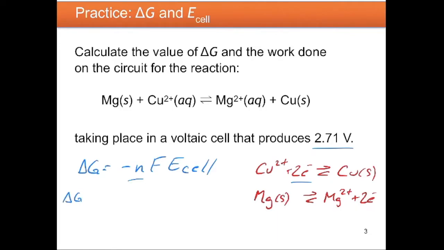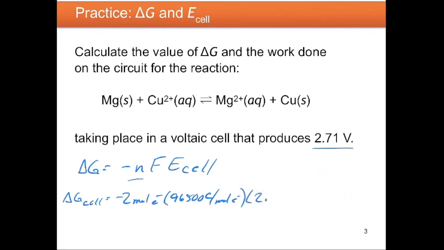Delta G of the cell is going to be minus 2 moles of electrons times 96,500 coulombs per mole of electrons times 2.71 volts. And if you look on your worksheet, you will notice that a volt equals a joule per coulomb.